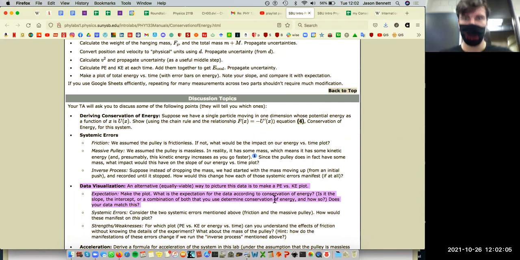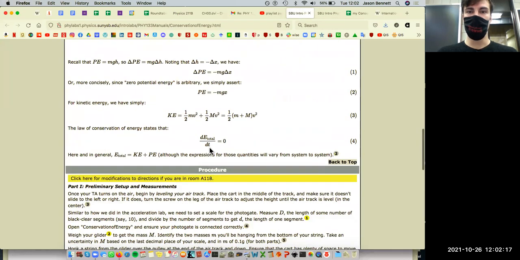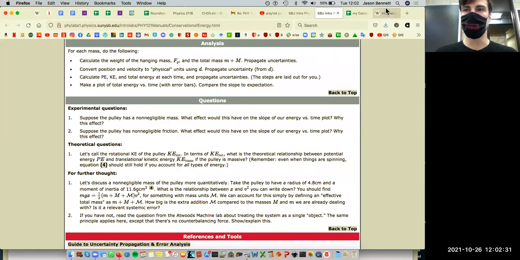I'll word this better. What I meant was to plot KE over t and PE over t, and plot those graphs on the same plot and look at what they look like. It's an equally viable way to see this equation. Okay, I'll write that better in the announcement.